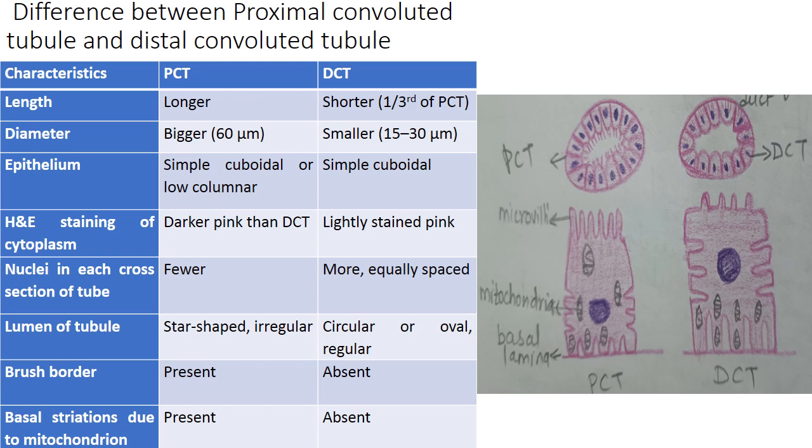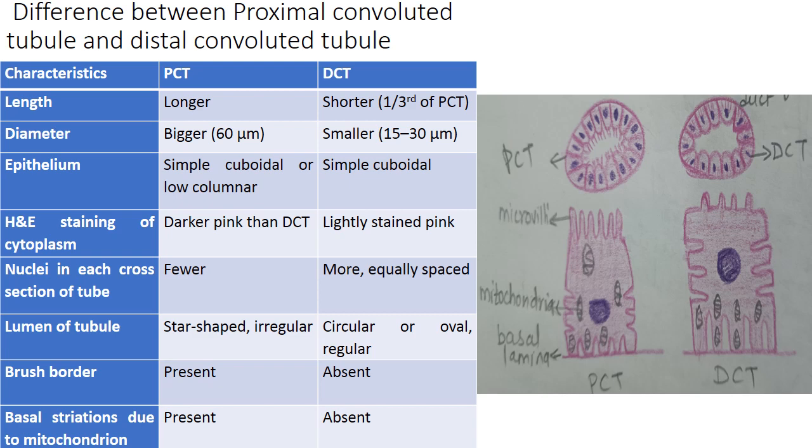Now, if we see point wise, the proximal tubule is longer, distal is shorter. The diameter of the proximal tubule is more, about 60 micrometer, while the diameter is smaller in DCT, 15 to 30 micrometer.